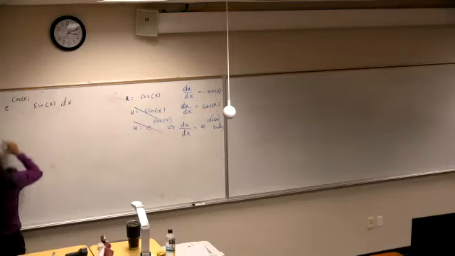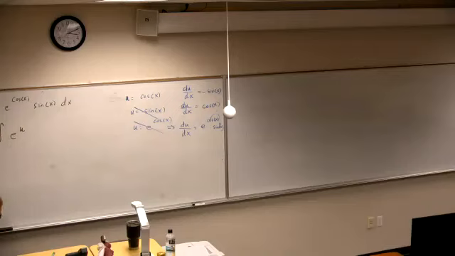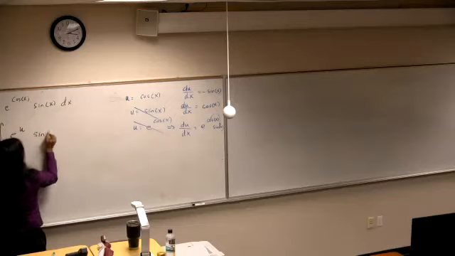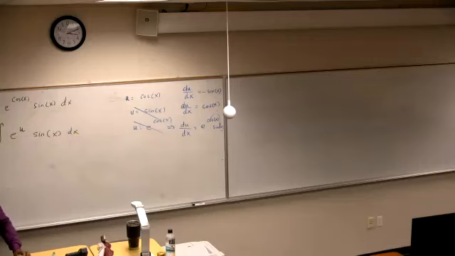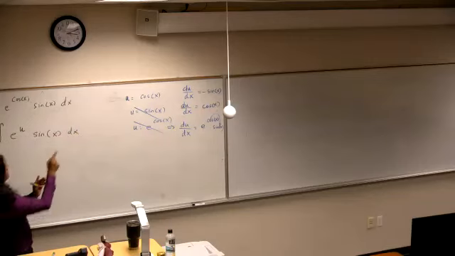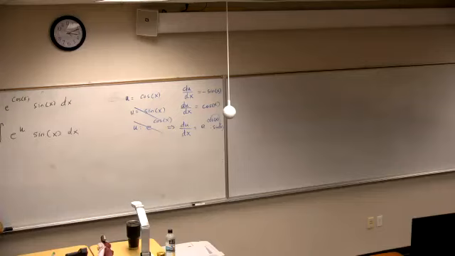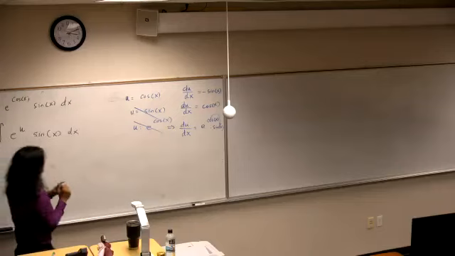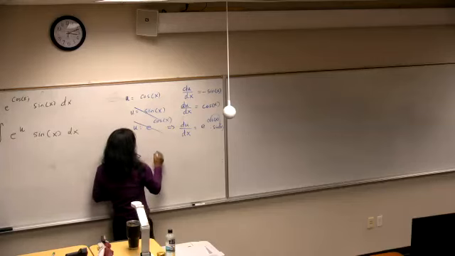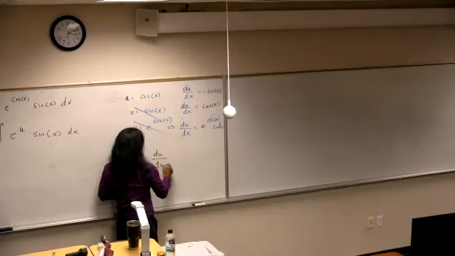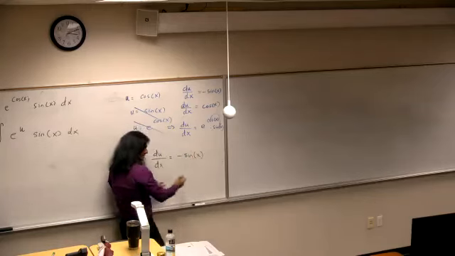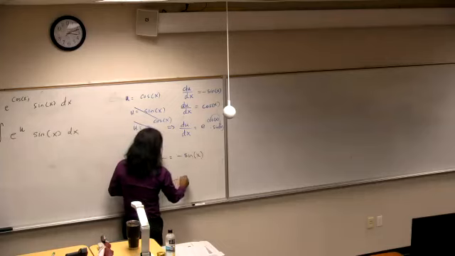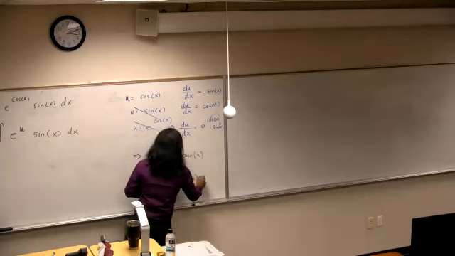So if that becomes u, whatever is left behind in terms of x has to be sine x dx. Do we have that bit over there? Yes? If I rewrite du over dx, I'll get negative sine x, so du would be negative sine x dx.